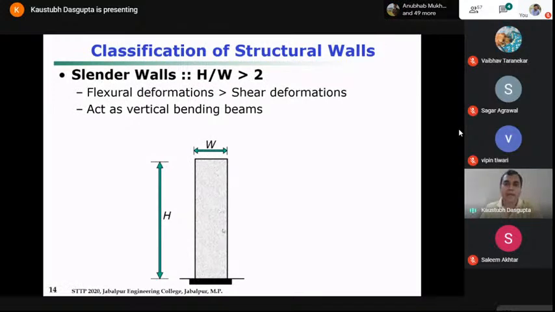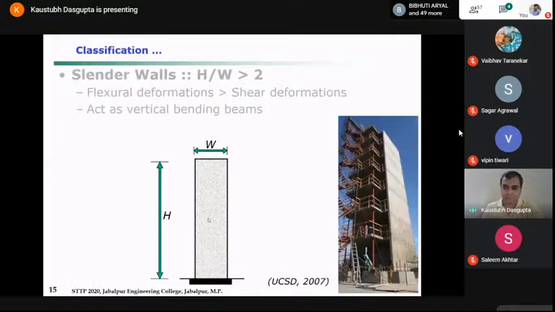By virtue of its slenderness ratio, this aspect ratio, your deformation is more in bending as compared to shear. Flexural deformations are more. This is one figure of a large slender wall which was constructed for testing.